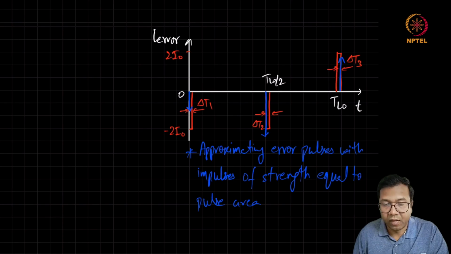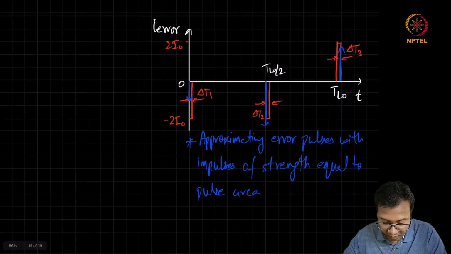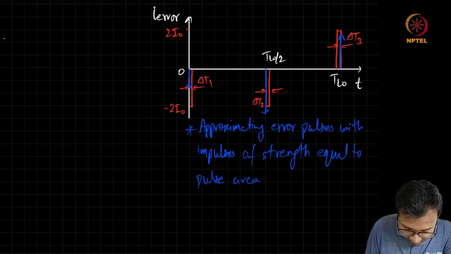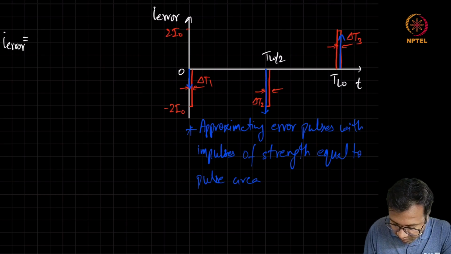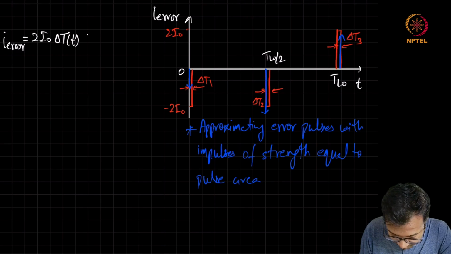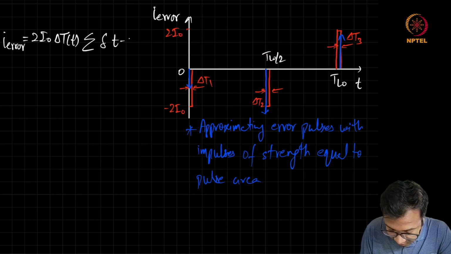Now this is important because it will help in simplifying the analysis. So I can write this I error as the train of impulses which are scaled by this 2I naught into delta t, and this train of impulses is appearing at every TLO by 2.